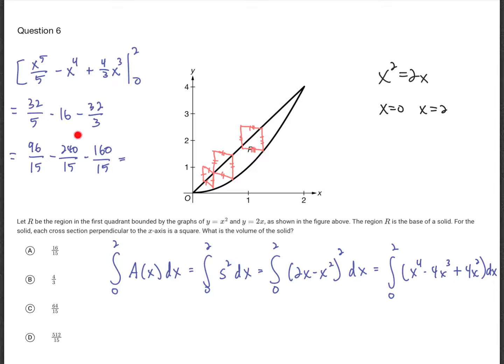Okay, so these are negative 400 over 15. Oh, whoops. This should be positive. That's positive, so these should be positive. I just made a mistake. Okay, so these two together are negative 80, and then adding that, that'll be 16 over 15. And so that's answer choice A.